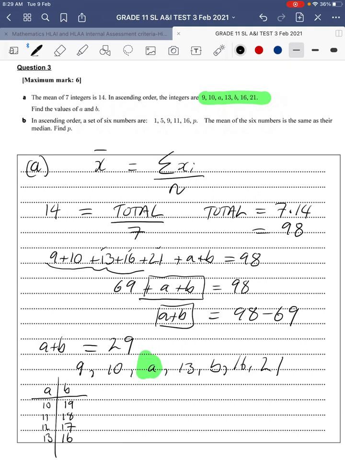So can you see that we know that B's got to be less than or equal to 16, so it can't be any of these. And A has got to be less than or equal to 13, so it looks like it's got to be this one. Okay, so A equals 13 and B equals 16.